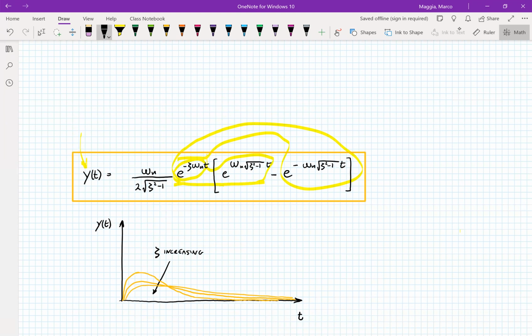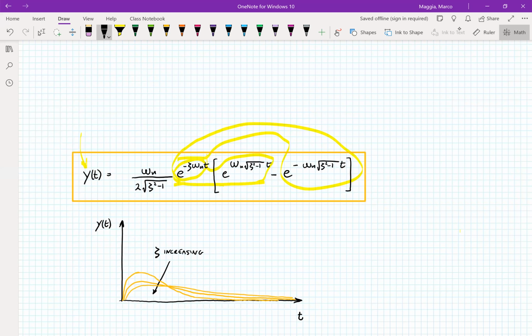So we have a curve that starts increasing and then exponentially or asymptotically decreases towards 0. And here, of course, we can have multiple plots for different values of the damping ratio zeta.